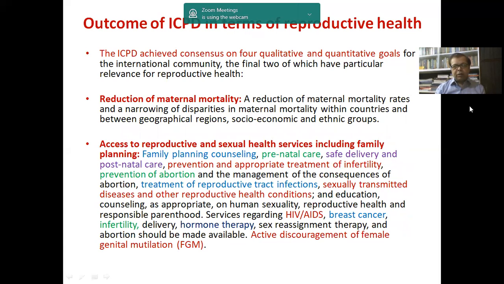The ICPD conference had several outcomes, but here we are talking about 2 specific outcomes which are relevant from the perspective of reproductive health. The first is reduction of maternal mortality. A reduction of maternal mortality rate and narrowing of disparity in maternal mortality within countries and between geographical regions, socioeconomic and ethnic groups. So what is this maternal mortality rate?